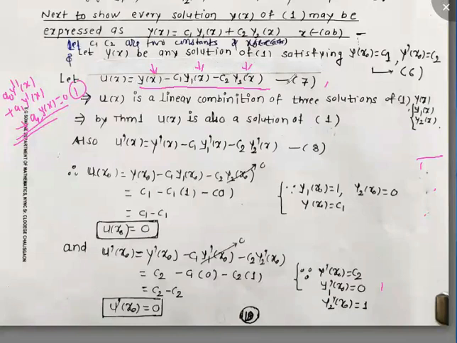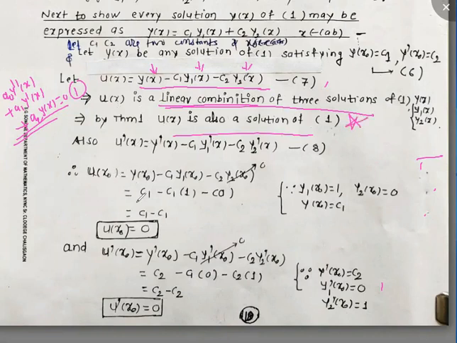Because all three are solutions of 1, this expression is a linear combination of three solutions of differential equation 1. And theorem 1 says that if we have a linear combination of solutions, then it is also a solution of 1. So u(x) is a solution of 1. This is the first result.